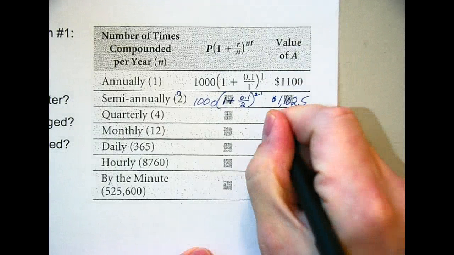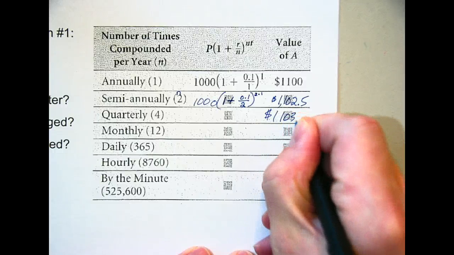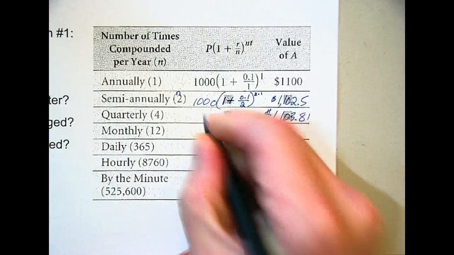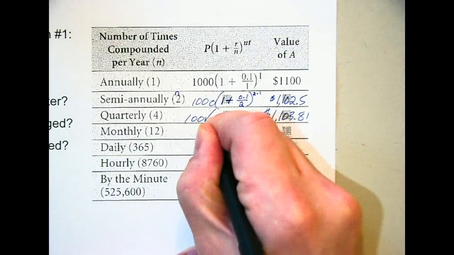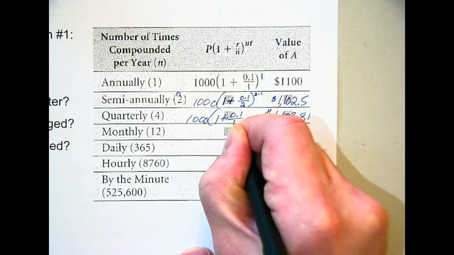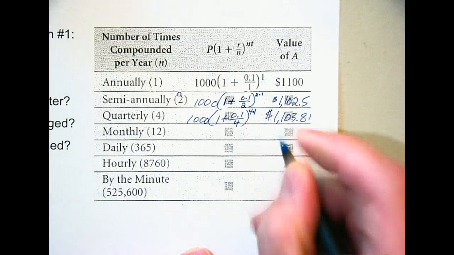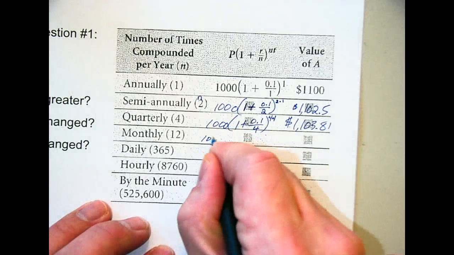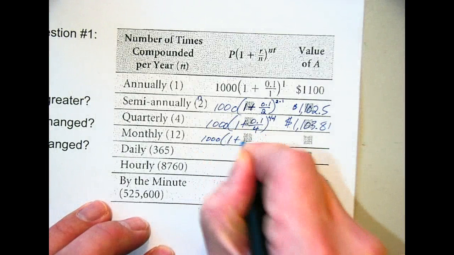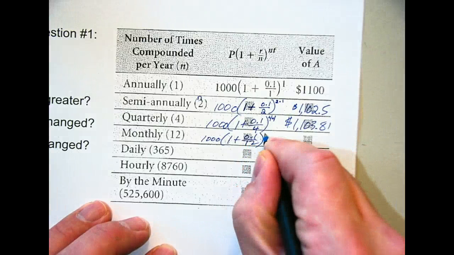Quarterly, what do we have? 1,103.81. So this is 1,000 times 1 plus 0.1 over 4, to the 4 times 1. And monthly, we have 1,000 times 1 plus 0.1 over 12, to the 12 times 1.